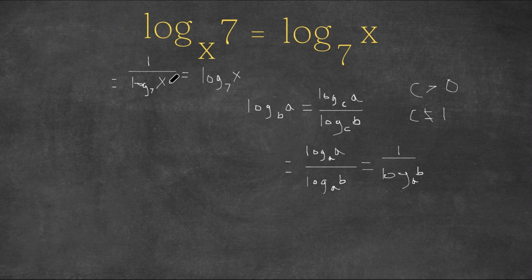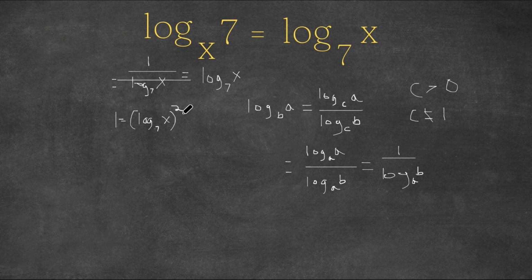And now what we're going to do is multiply by log base 7 of x on both sides. So this cancels out, and then we're left with 1 equals log base 7 of x squared.